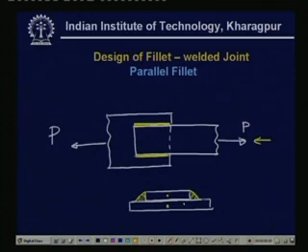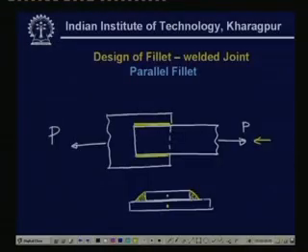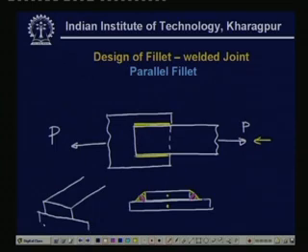Now, if you want to design for the strength, then you have to consider the cross section where the joint is most vulnerable, and that is clearly the cross section here. It can be further elaborated with the help of a similar diagram. Now, here is that fillet.